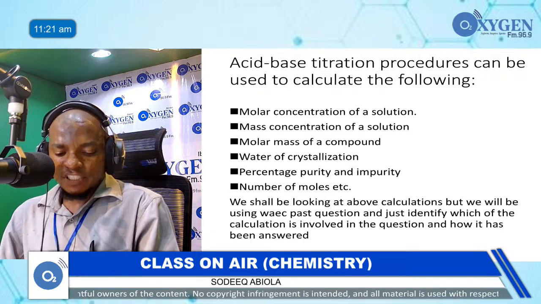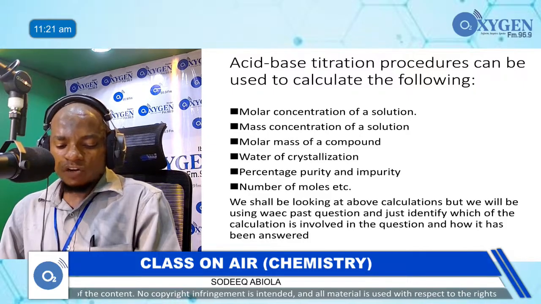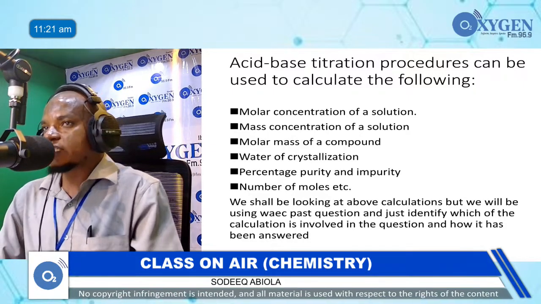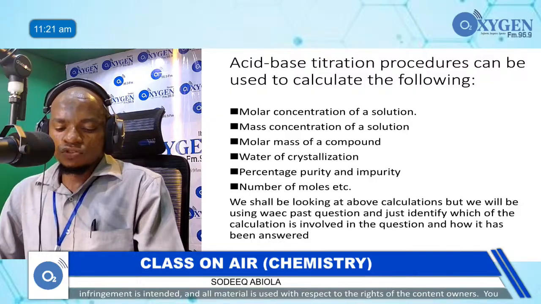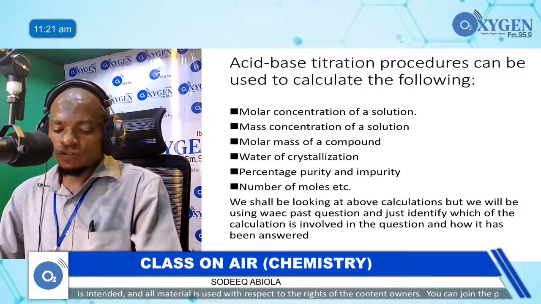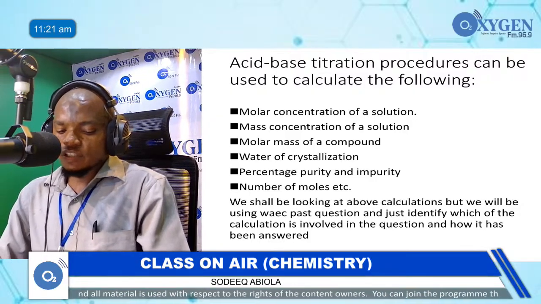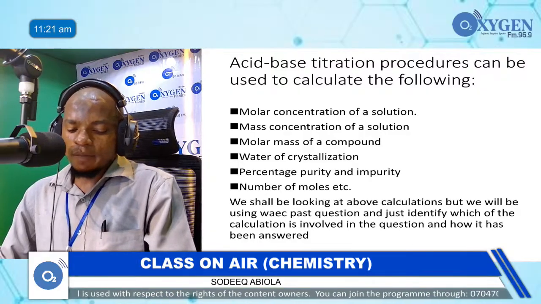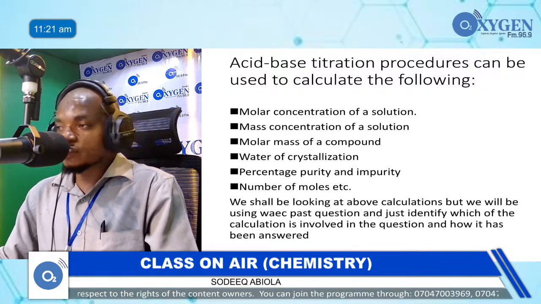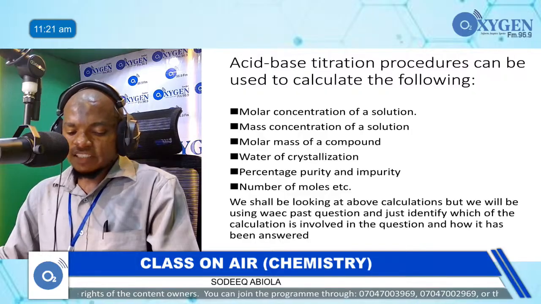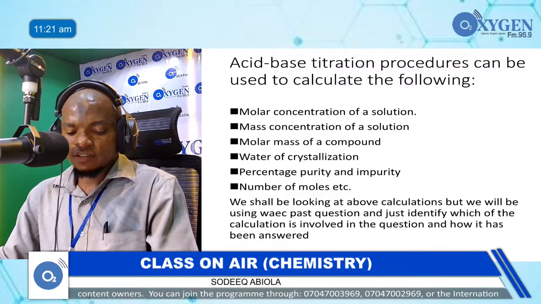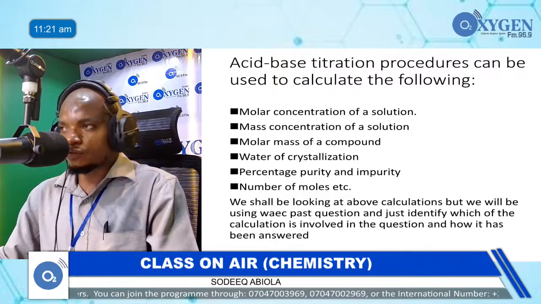So let me repeat. We are going to look at how we can make use of the acid-base procedure to calculate molar concentration of a solution, mass concentration of a solution, molar mass of a compound, water of crystallization, percentage purity and impurity, and number of moles.